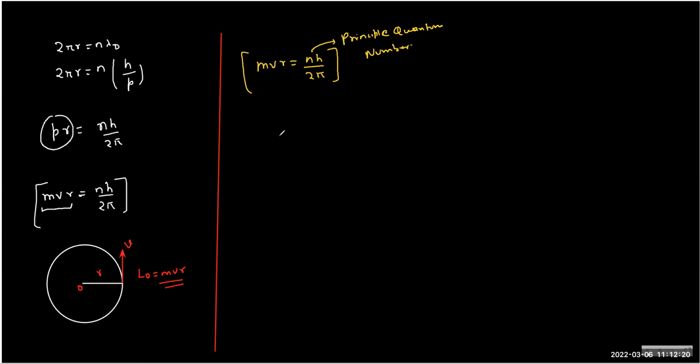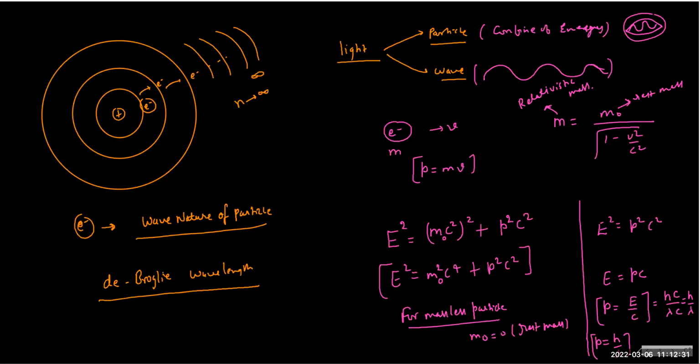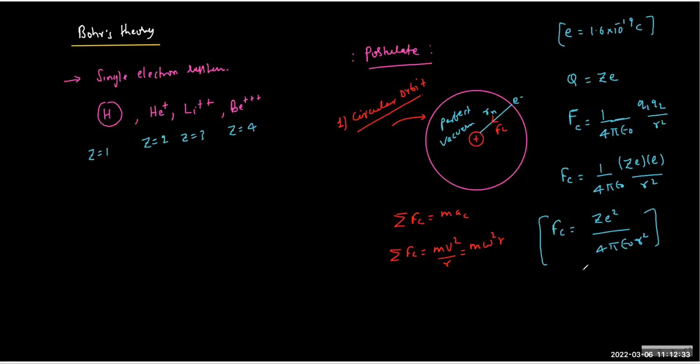So now mvr is nh by 2 pi, and now using these two relations, this is the second postulate. The first was the circular orbit, which we have here. Coulomb's law is the fundamental governing equation here, and this equation is right because we have the circular orbit.